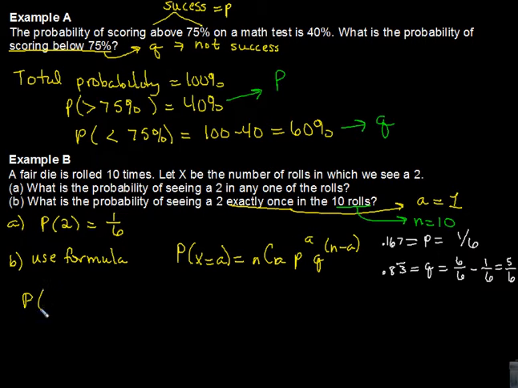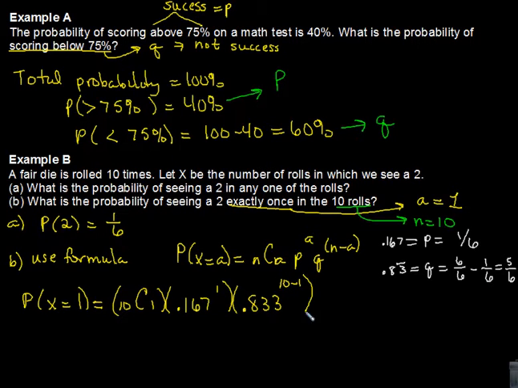So our probability that X will be 1, so we'll see one 2 in the whole time we're rolling the die. We have N is 10, A is 1, times 0.167 to the 1, times 0.833 to the 10 minus 1. So that's to the 9th.